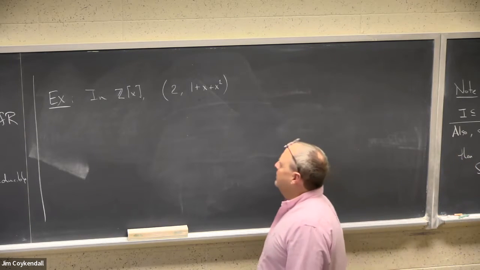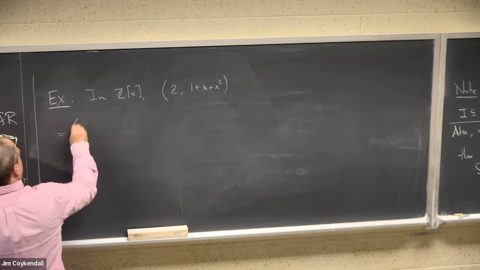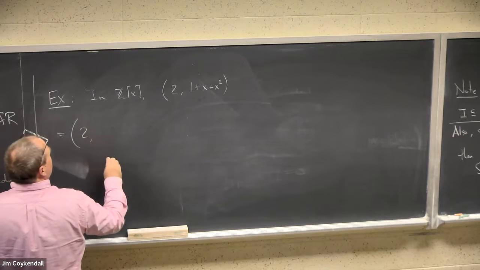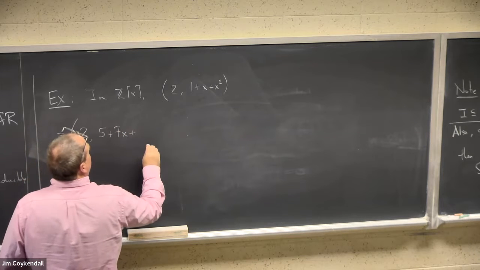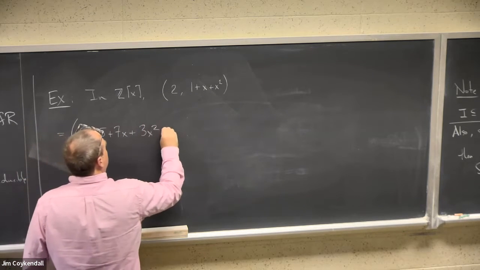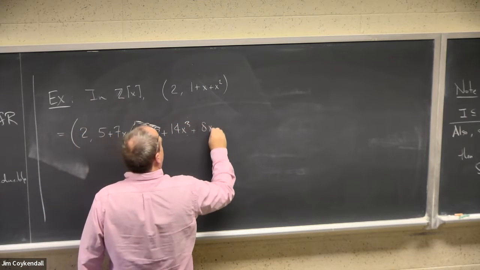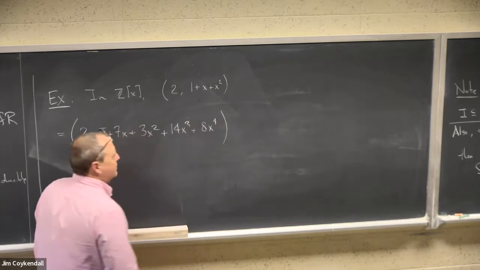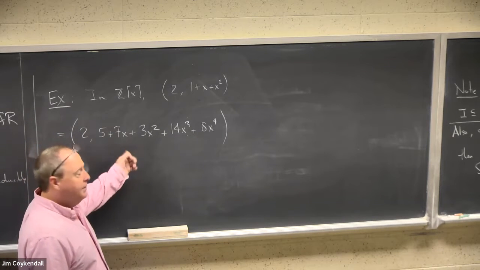But your maximal ideal could be disguised in a certain sense. This is equal to 5 7x plus. This ideal is actually the same thing.